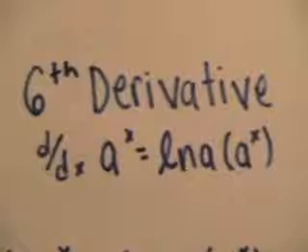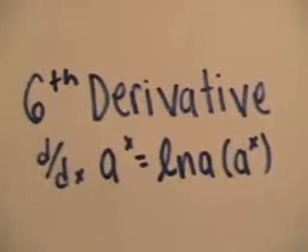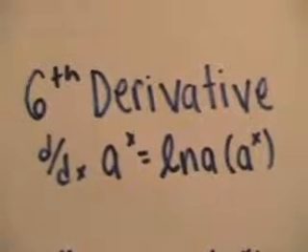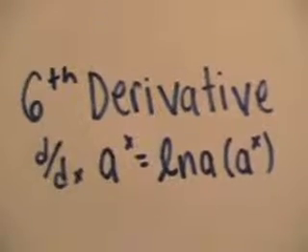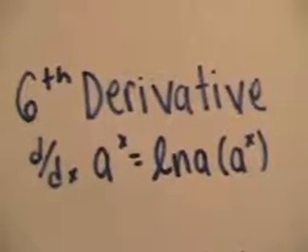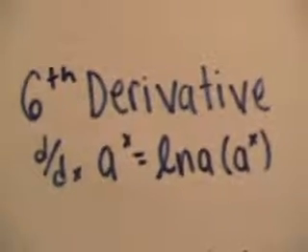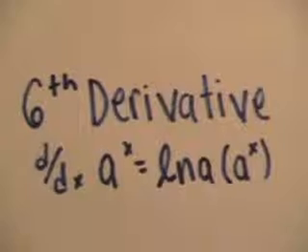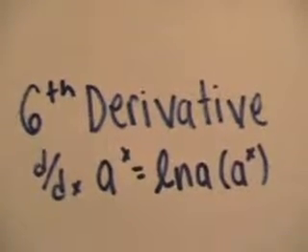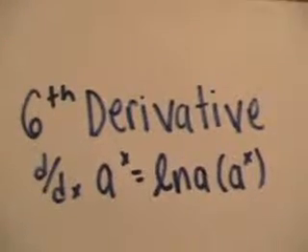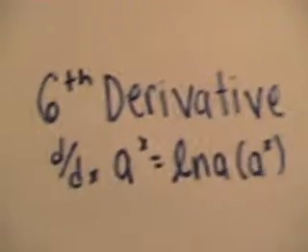The sixth derivative is d over dx of a to the x equals ln of a times a to the x. In this case, the a kind of works like a constant, but because we don't want to mix the two symbols, like a and c, we're just going to say that this is a. This is pretty confusing, and after an example, you'll see it won't be. It's actually pretty simple and straightforward.